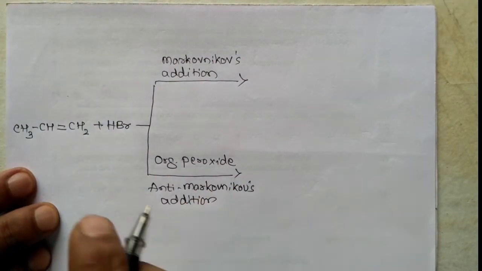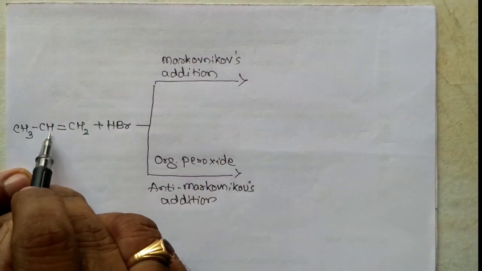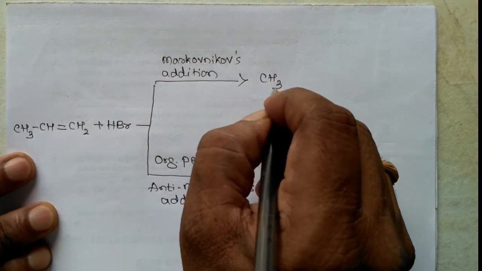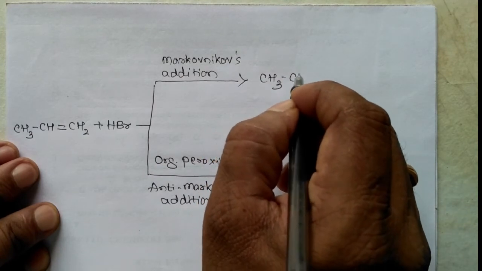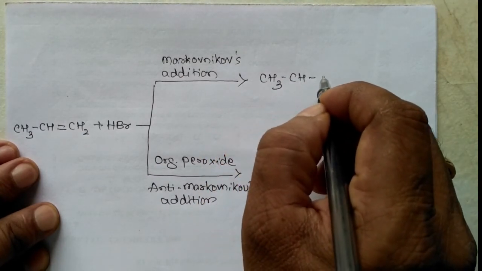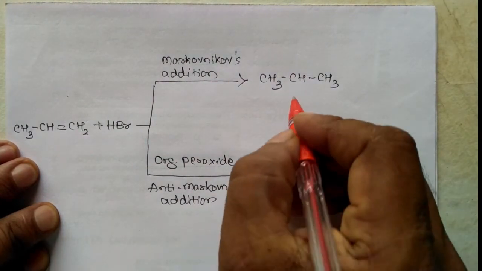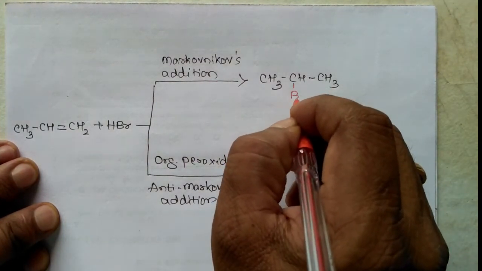According to Markovnikov addition, Br is added to the carbon atom containing less hydrogen. So the product is CH3 CH(Br) CH3. So Br is added to this carbon atom.